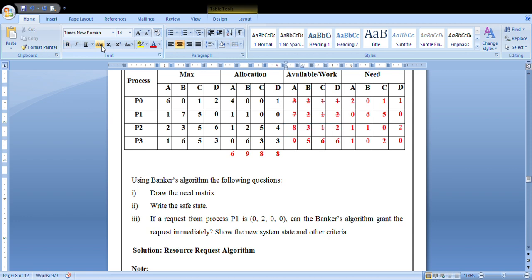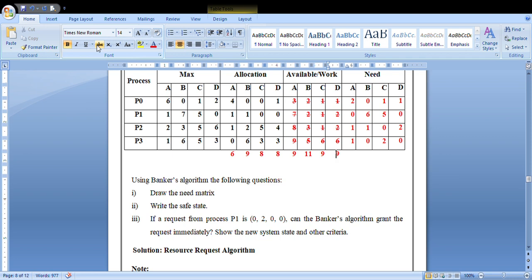What is the final value? 9, 11, 9, 9. This is the final available value, whatever you have calculated now.